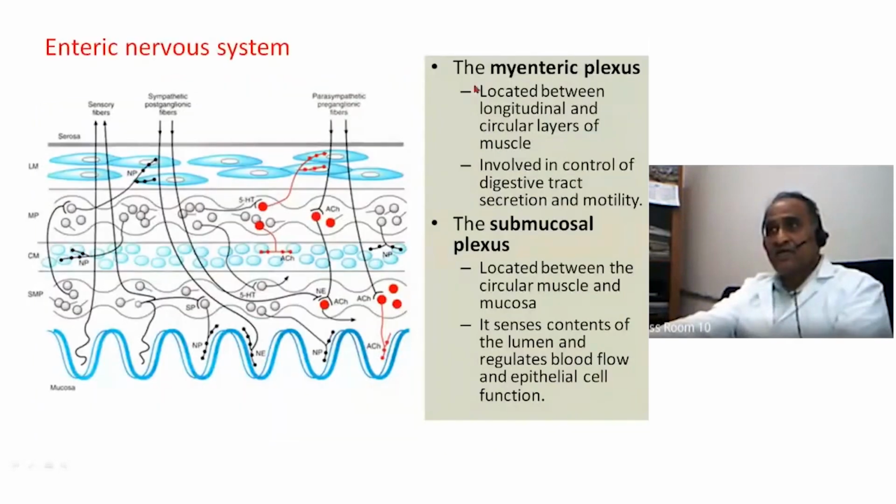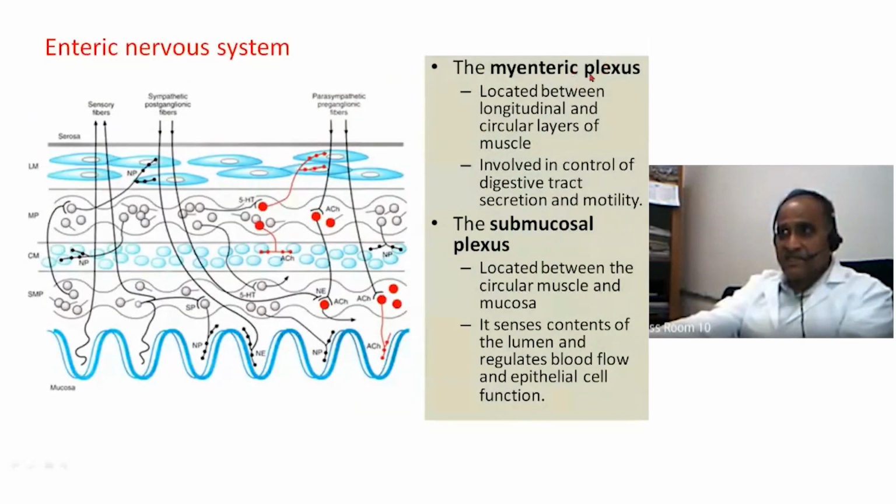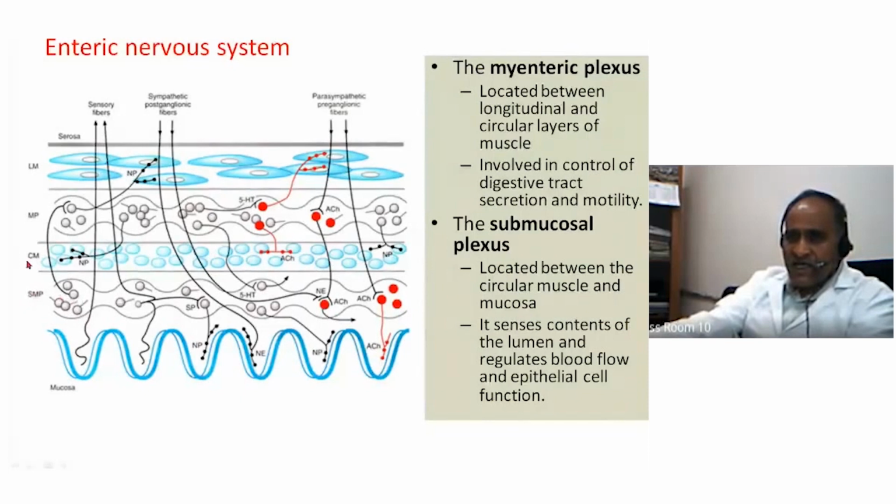Here I am showing the myenteric plexus. This myenteric plexus, as I mentioned, is located between the longitudinal and circular layers of the muscle. This is the mucosal layer of the intestine, and this is the circular smooth muscle.